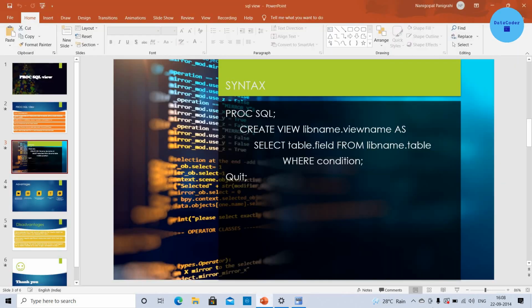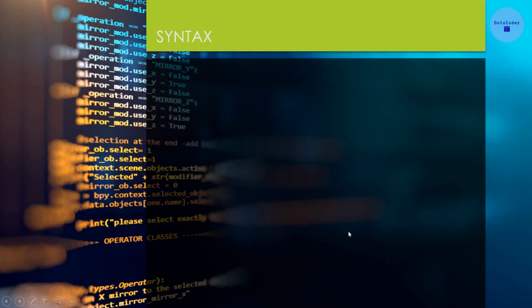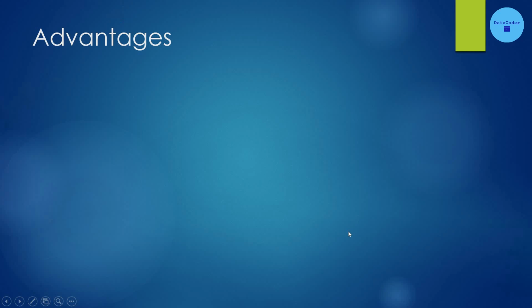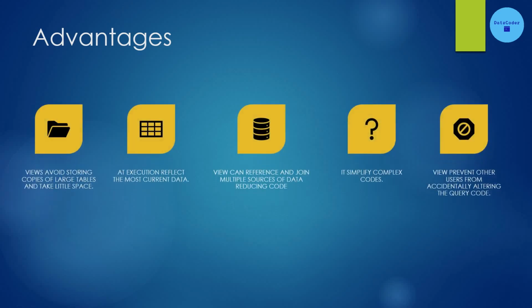And now let's see what the advantages and disadvantages of a view are. First, the advantages. The first advantage is views avoid storing copies of large tables and take little space, so it won't store the actual data. The memory consumption by the view is very low.